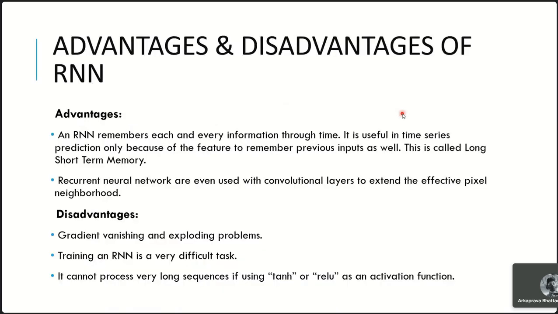Okay, so now coming to the advantages and disadvantages. We have seen some of the applications where RNNs are used. Keeping those applications in mind, we are saying that an RNN remembers each and every piece of information through time, and hence it's useful in time series or stock market prediction.